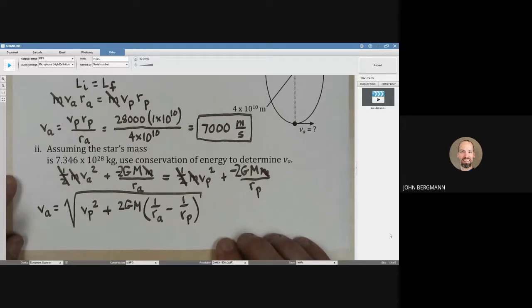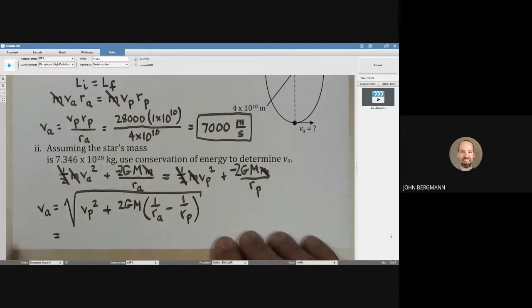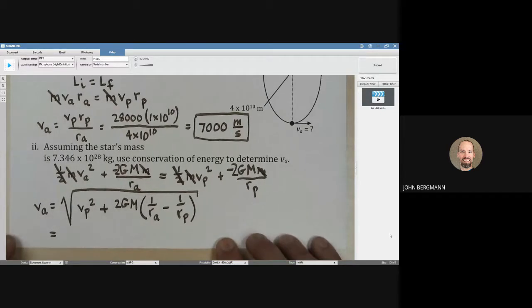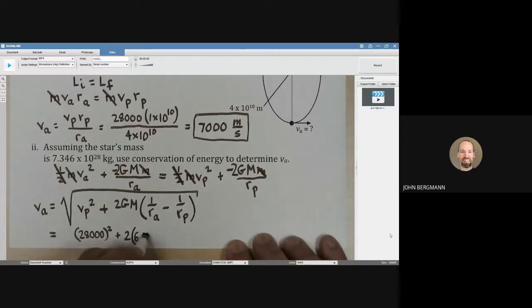Let's see what this would be, just for fun. We usually don't type in things on these videos. I usually do it ahead of time, but I'm just curious how this is actually going to work out. Let's see if this expression works. VP is 28,000. We got to square that, plus 2 times G, which is 6.67 times 10 to the negative 11th.